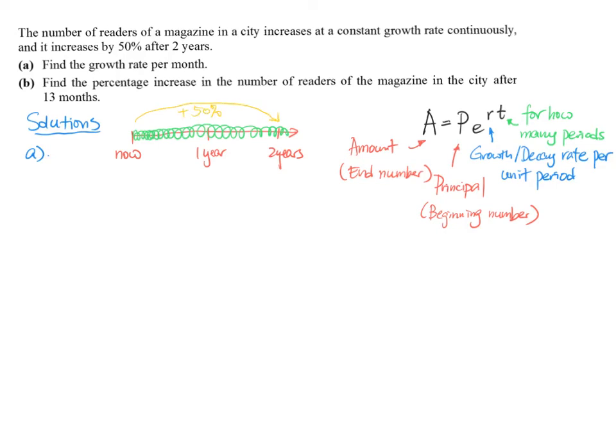That's what it means. And for part B, percentage increase after 13 months, this is basically saying what is the percentage increase in 13 months, finding this number for part B.